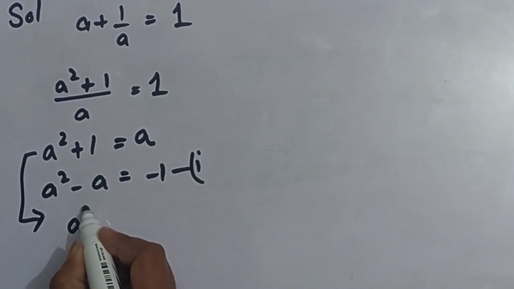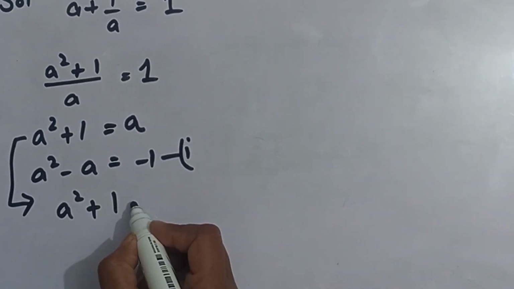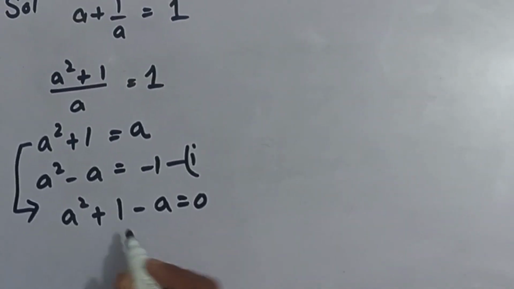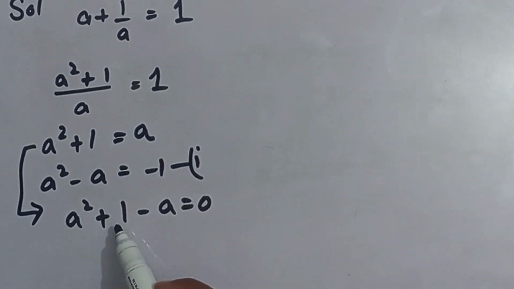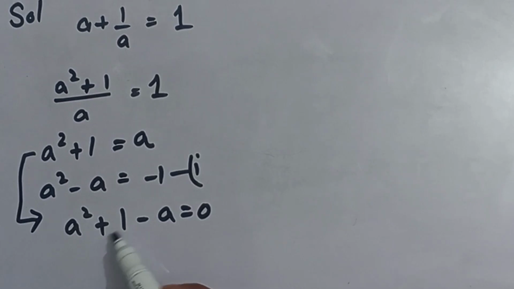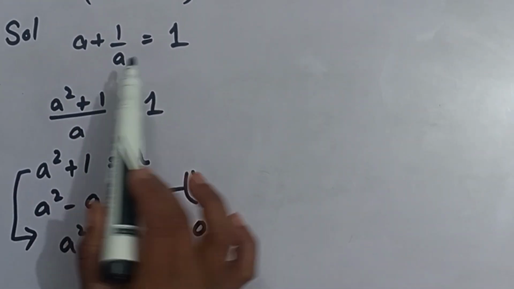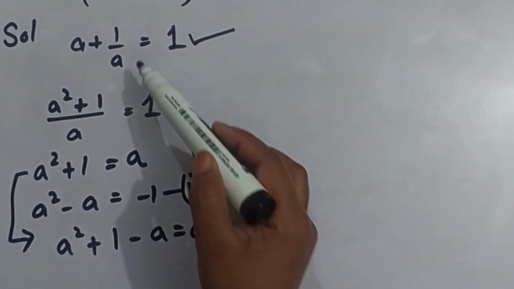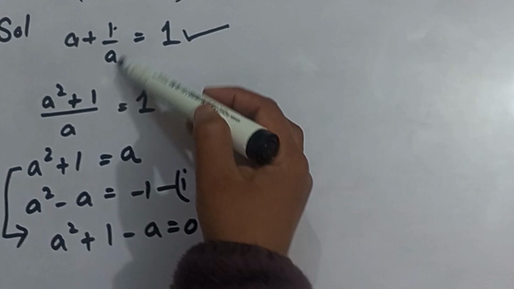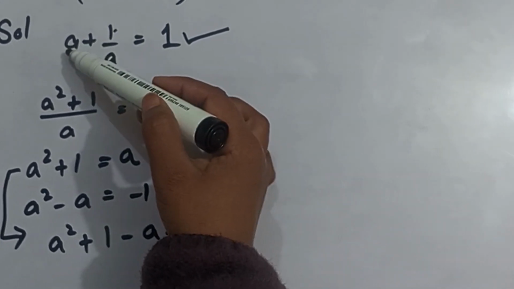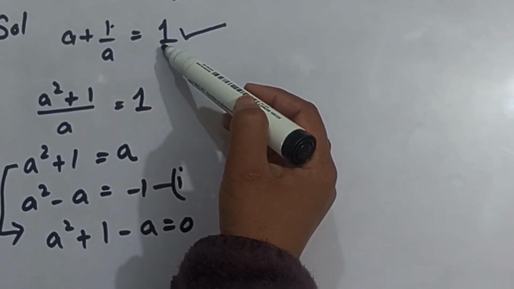We write this as a square plus 1 minus a is equal to 0. Now in our question, a is not equal to 0, because if a is equal to 0, then this equation does not hold, because this will become 1 over 0, which is infinity, and infinity plus 0 is not equal to 1.